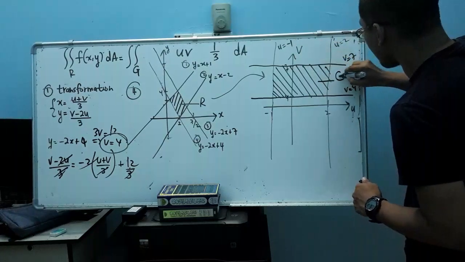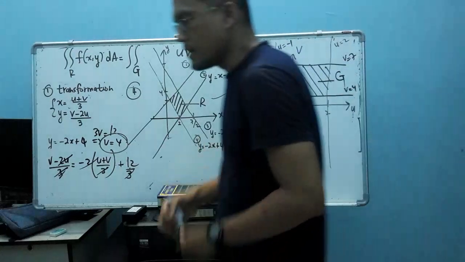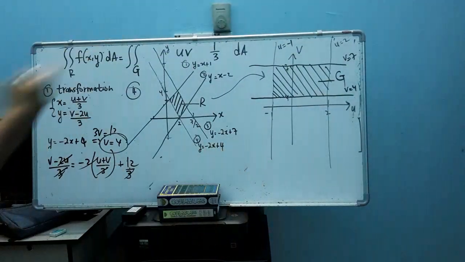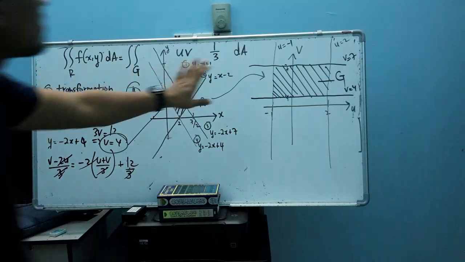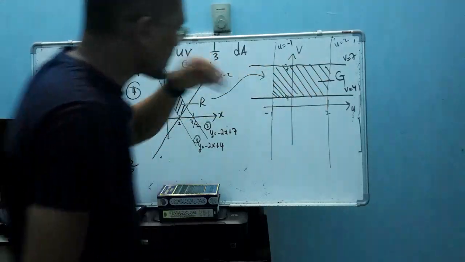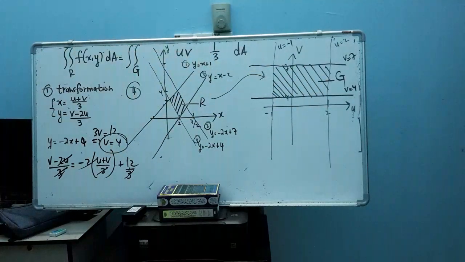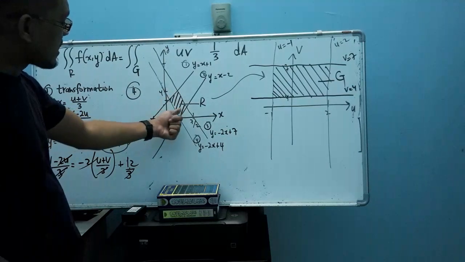So I will have this one. Now I will have the new region of integration here in the UV plane. So I have G here. We will have a simple region of integration since we only have a rectangle here. You see, this region of integration is something complicated, right?